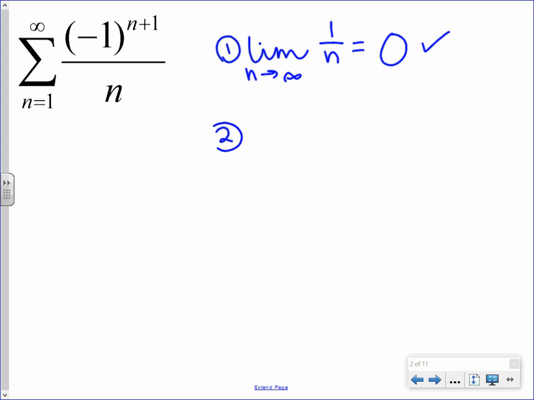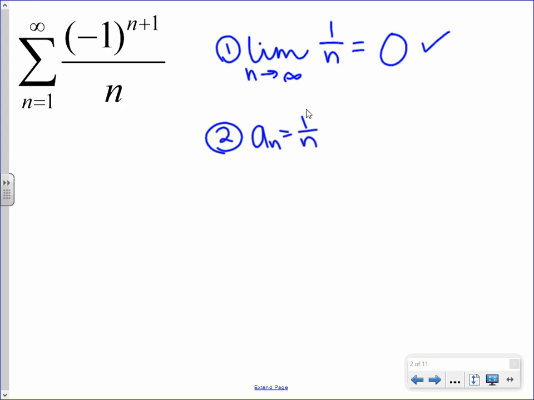Second, we need to show that this a sub n, 1 over n, is decreasing. How would you like to do that today? Derivative test? Yeah. What did you say? Difference test? Or ratio test?